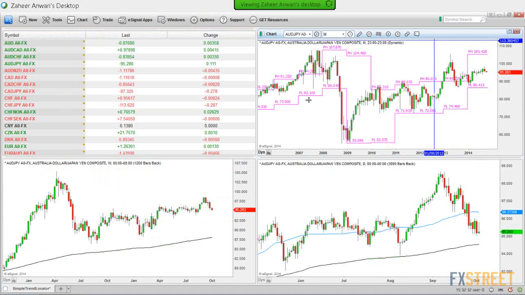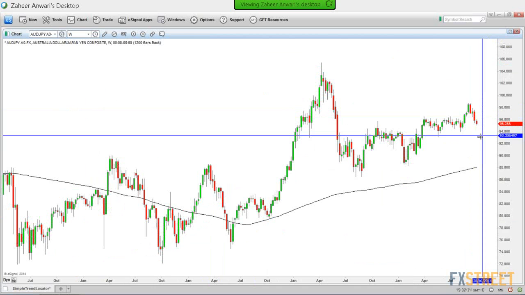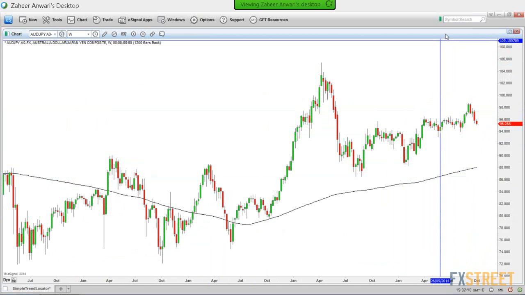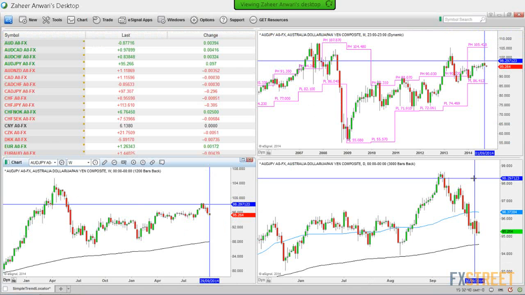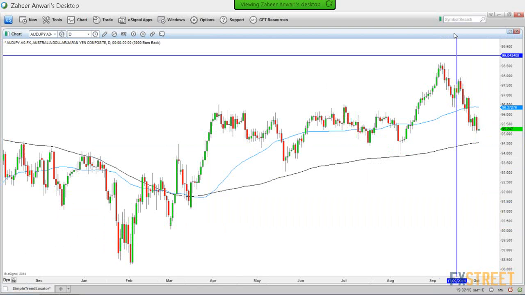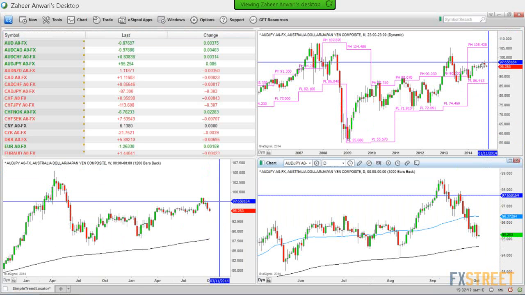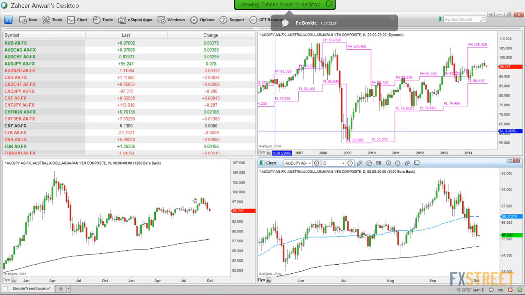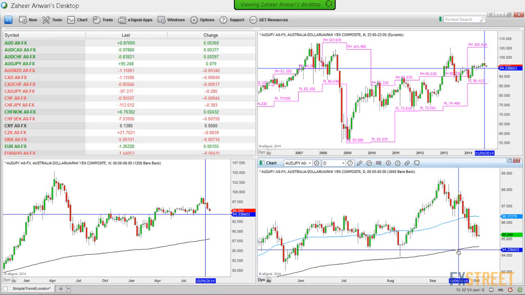If we go to the weekly, price is heading down, but we're above the weekly 200 moving average. Again, it's more of an area of consolidation. And if we go to the daily, well, we've got price finding support at the daily 200 moving average. So what you can see is the monthly showing weakness, but you've got the weekly and the daily that are facing major areas of support.